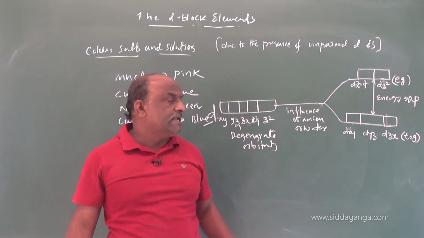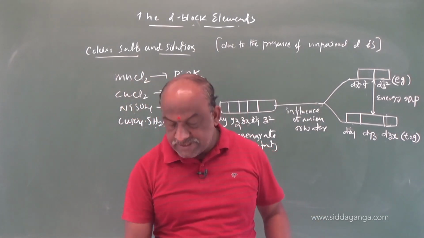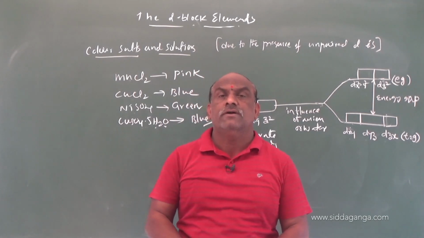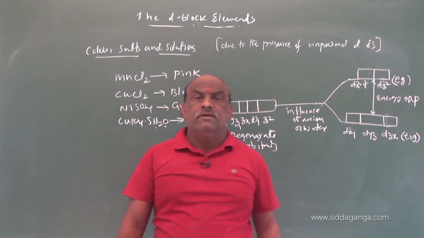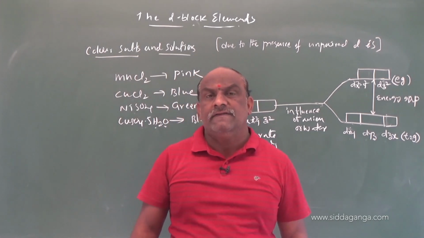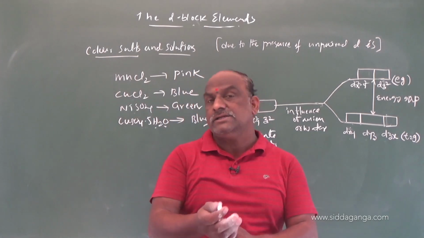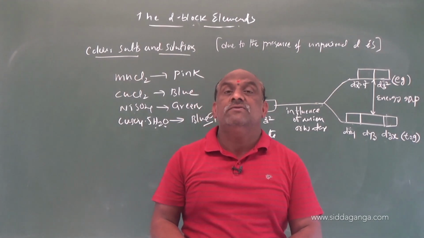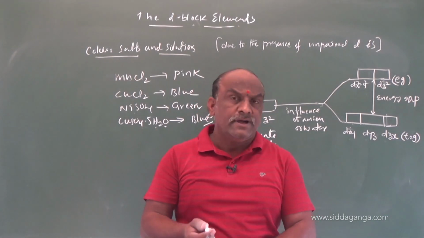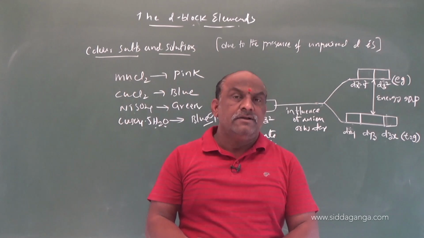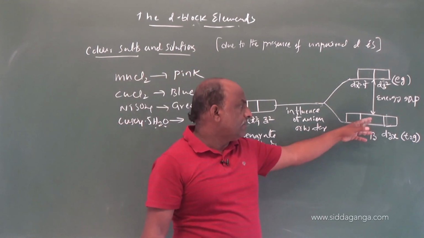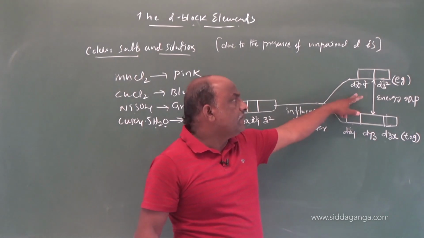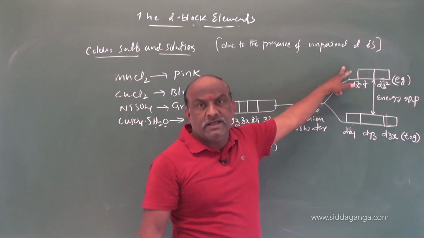When splitting takes place, under the influence of anions or water, the five degenerate orbitals undergo splitting. That splitting is said to be crystal field splitting. The T2g orbitals are lowered in energy and the Eg orbitals occupy higher energy.